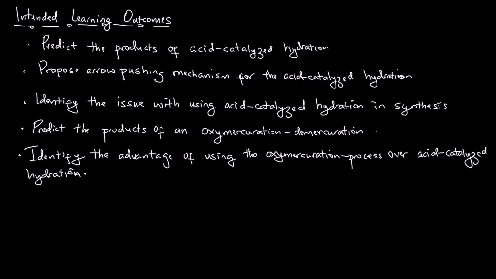If you think about the hydrohalogenation reactions that we've just done, the patterns are basically the same. But we can also identify the issues with any reaction involving a carbocation, which is that there's a possibility of rearrangements that could be terrible for your synthesis. And with the hydration reactions, we can now use a different type of reaction called the oxymercuration-demercuration reaction to do your hydration reaction without any kind of rearrangement.